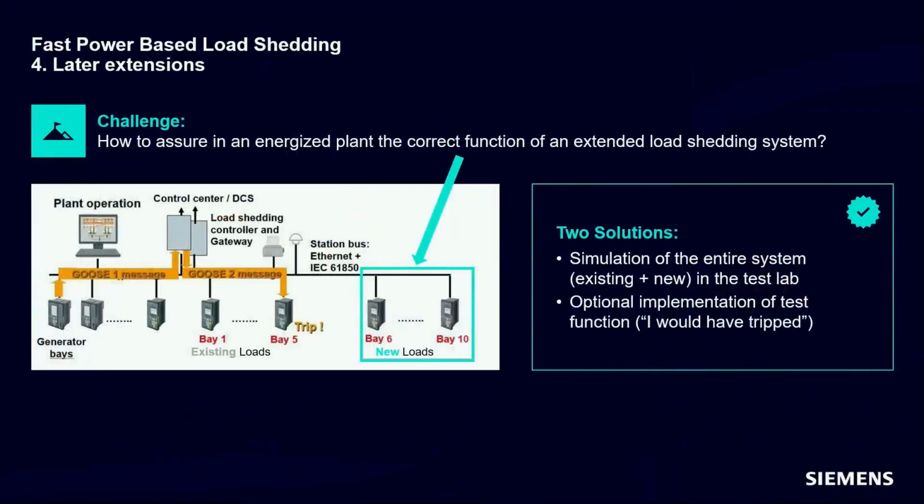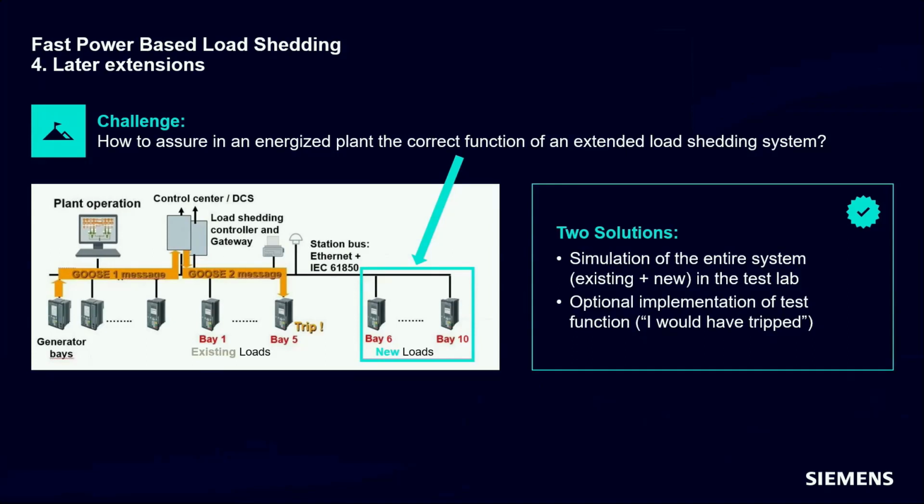This slide deals with the challenges of extending a load shedding system in a working industrial plant. By extending an existing load shedding system in a working plant, the following problems will appear. The devices that have to be tested are distributed all over the plant.